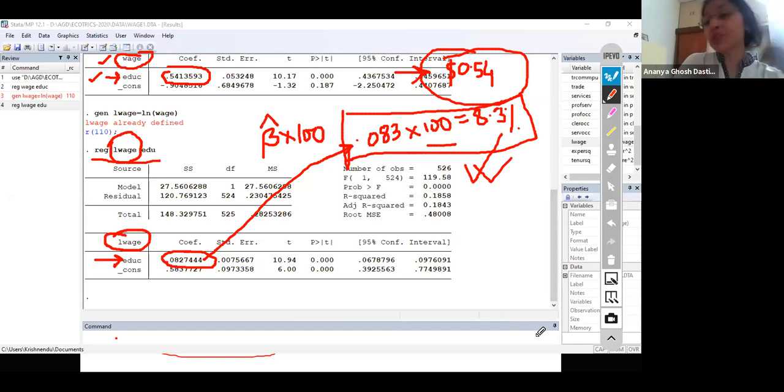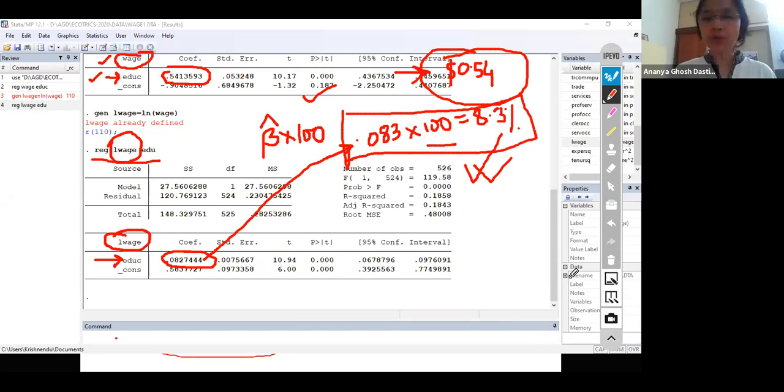No matter what your wage was to start with, you have an 8.3% increase. Whereas the level model is just saying that no matter what your wage was, it is going to keep on increasing by 50 cents every time you get a 1 year increase. So in terms of interpretation, we tend to prefer running models with the dependent variable in log form in many cases, because it gives us this percentage effect.